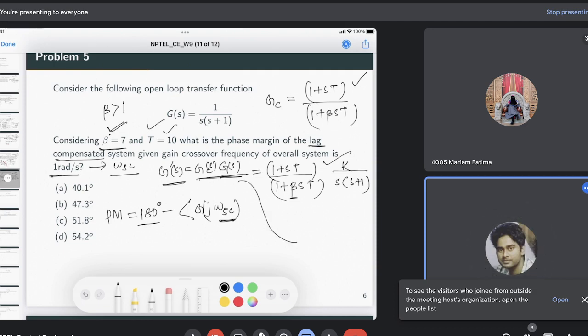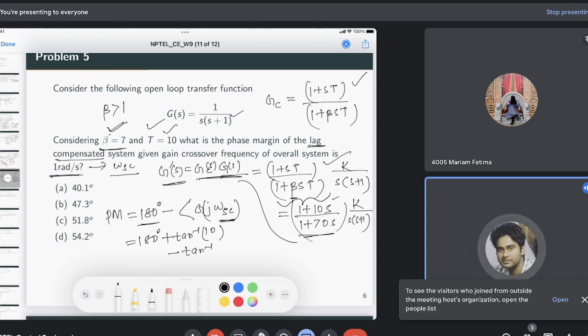So it is (1 + 10s)/(1 + 70s). This is the compensator form, and the other form is the original transfer function, 1/(s(s + 1)). We compute this angle: it is 180 degrees, plus tan inverse for this zero, 10, minus the pole contribution, with the imaginary part over the real part.